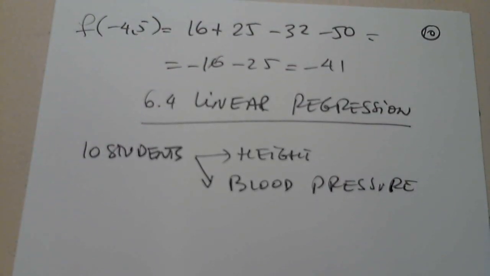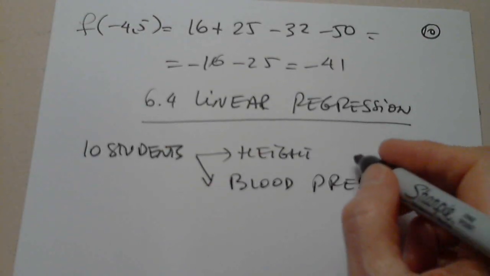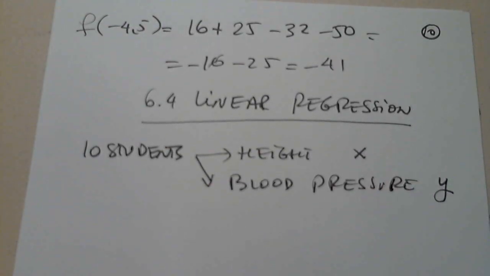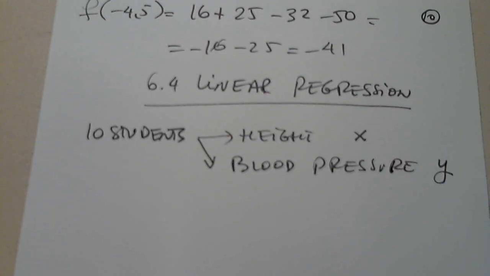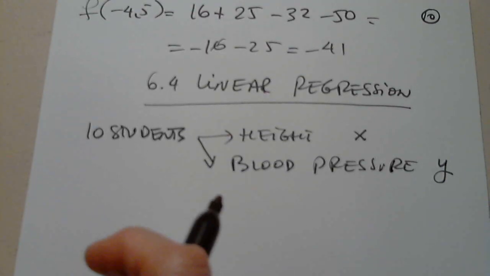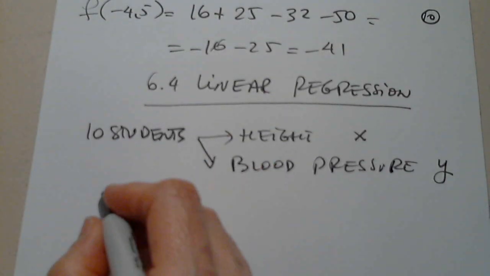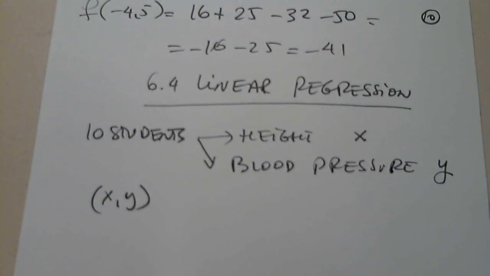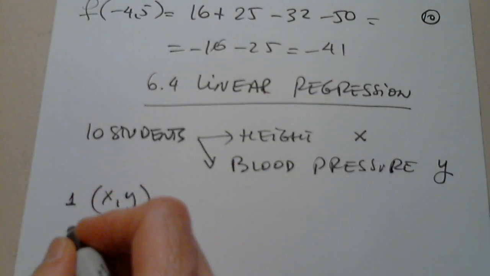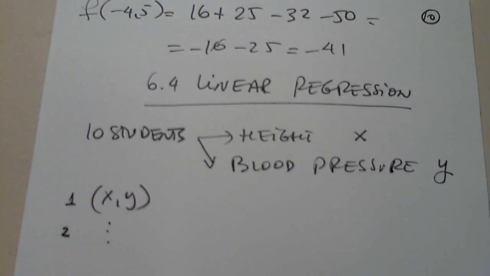Just two variables. I'm going to measure your height and I'm going to measure your blood pressure. So for each and every one of those students, I have x comma y. Height, blood pressure for student 1, for student 2, and so on and so forth.